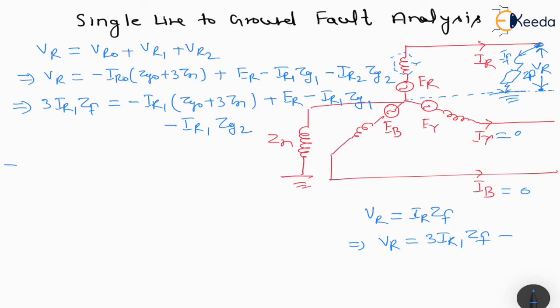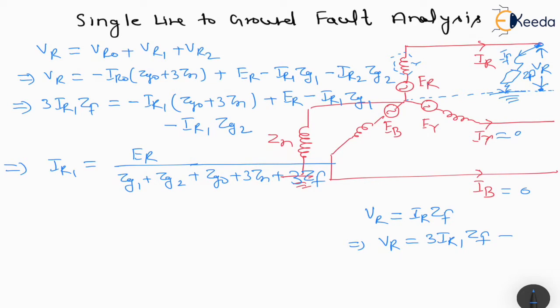So from here we can write the value of IR1 is equal to ER upon ZG1 plus ZG2 plus ZG0 plus 3ZN plus 3ZF. So this is the value of IR1.